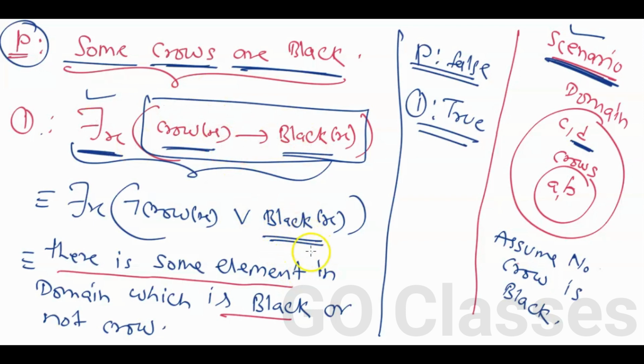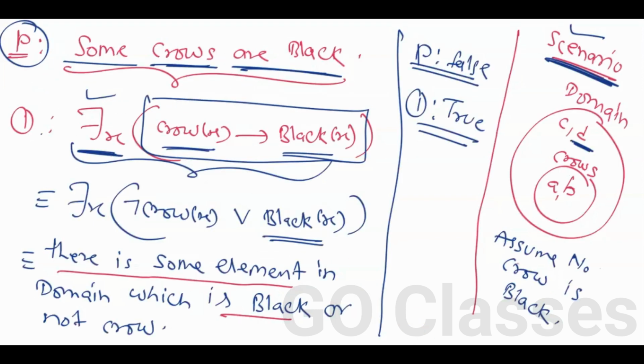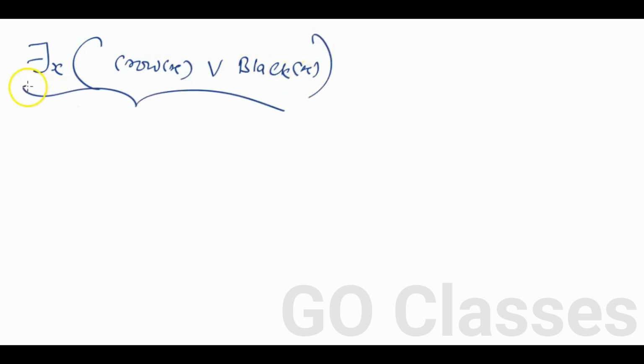Similarly, you can check that this is also not a correct translation. If you write there exists X, it is crow or it is black, this is also not correct, because it says that there is some element in the domain such that it is a crow or it is black.